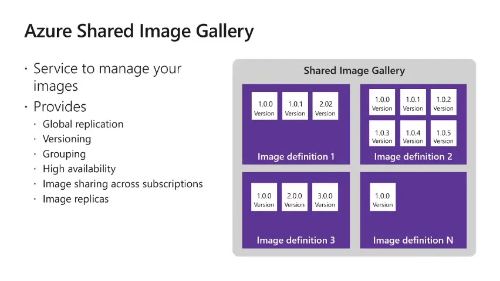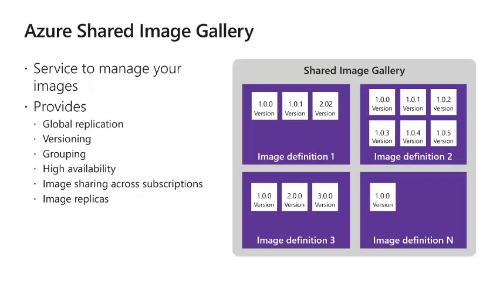You can have an Azure shared image gallery which you can use for multiple virtual machines. It provides global replication, versioning, grouping, high availability, image sharing across subscriptions, and image replicas. So let's say you have a specific virtual machine and you don't want to go through all the steps you did for one virtual machine.